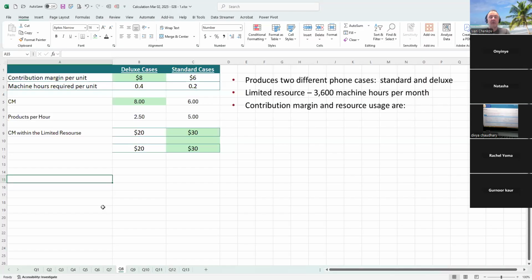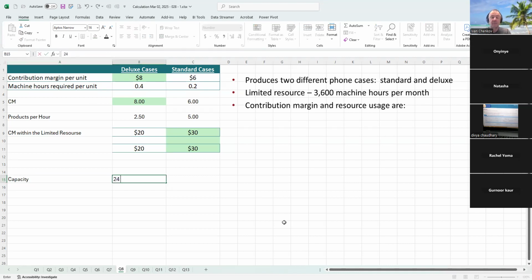Again, how much is your capacity? Your capacity is 24 hours per week, correct? You have two jobs. One job pays you $22 per hour, and the other pays you $18 per hour.